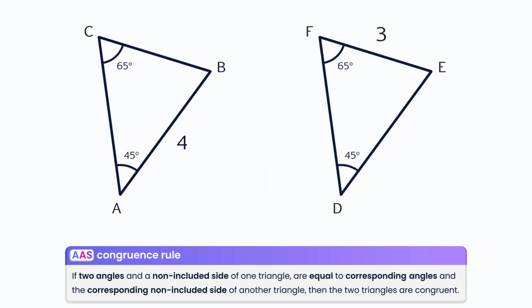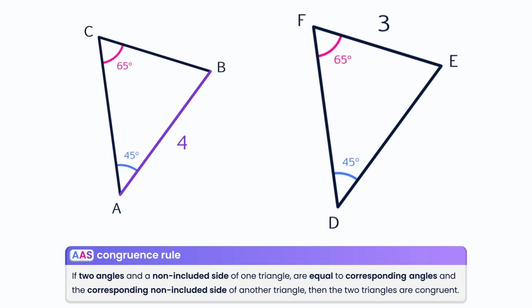These triangles appear congruent. Let's see if you can use the AAS congruency rule to confirm this. For triangle ABC, you know that angle A is 45 degrees, angle C is 65 degrees, and that side AB is of length 4.